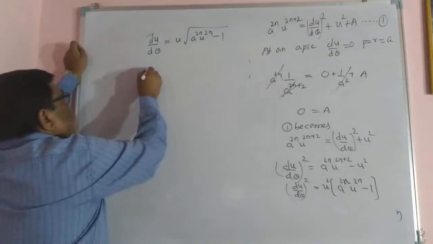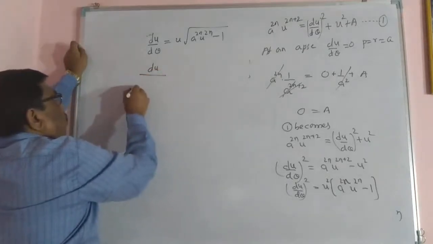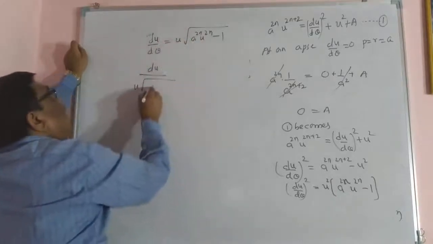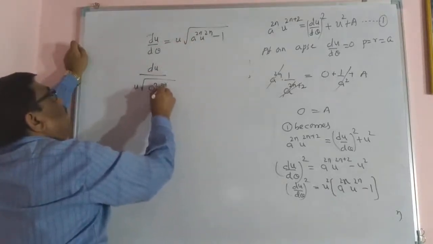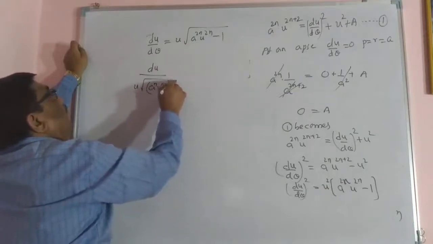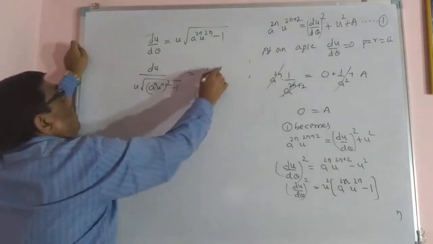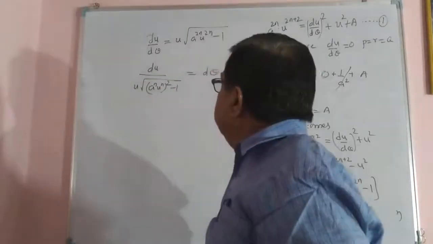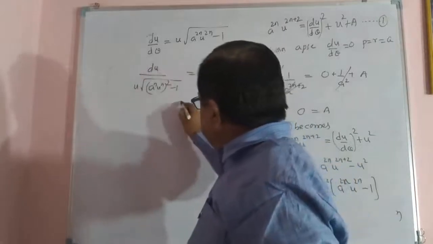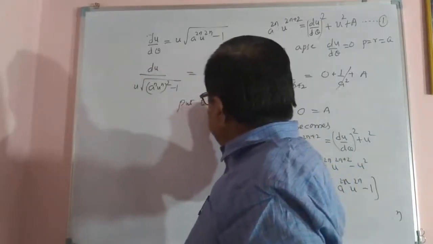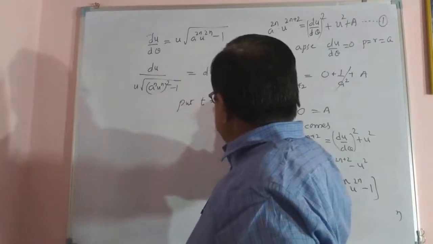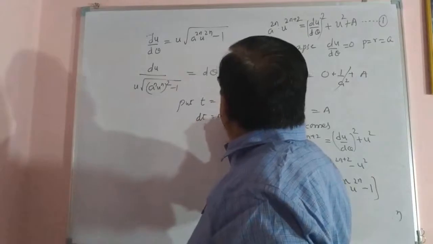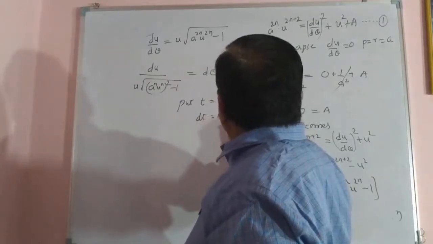If I rearrange this, du divided by u into root of a raised to 2n u raised to 2n, I can write like this: a raised to n u raised to n whole square minus 1 equal to d theta, variables separable. Before integration, let me substitute this. Put t equal to a raised to n u raised to n. dt equal to n a raised to n u raised to n minus 1 into du.